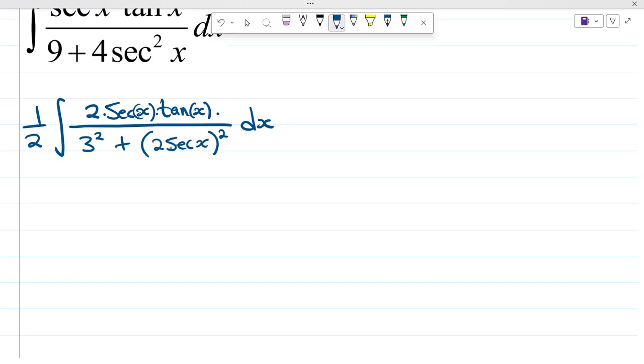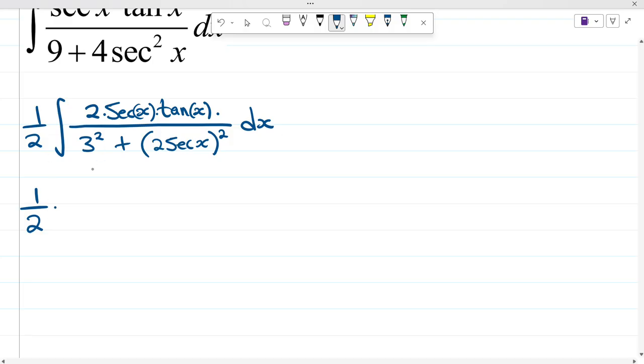And then I conclude that this one is the one for tan inverse, and my a here is equivalent to 3, so our answer here should be 1 over a tan inverse of what. So 1 over 2, I'm going to take 1 over 2. Remember, the thing that's outside the integral always goes with you to the answer.